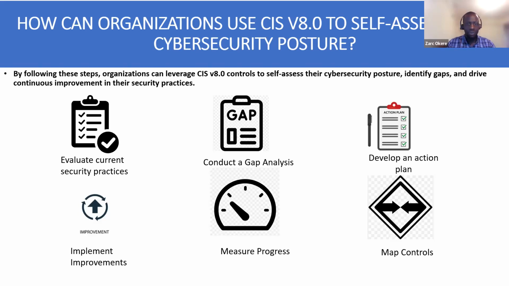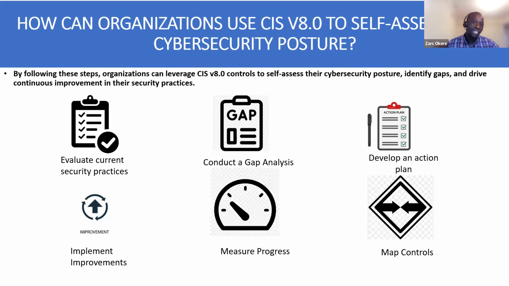Then conduct a gap analysis, where you compare your current security practices with the requirements and metrics that are outlined in the CIS controls, that is. After you conduct a gap analysis, you develop an action plan based on the results, which outlines the steps needed to improve your organization's security posture.